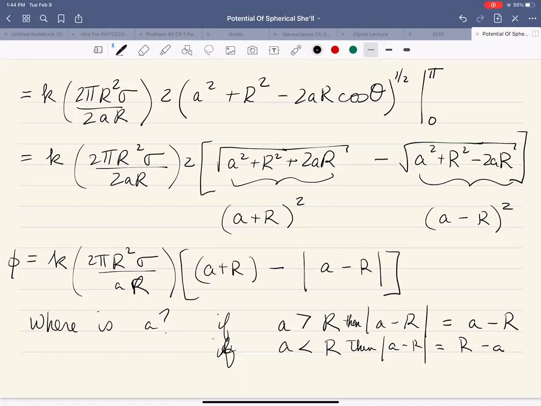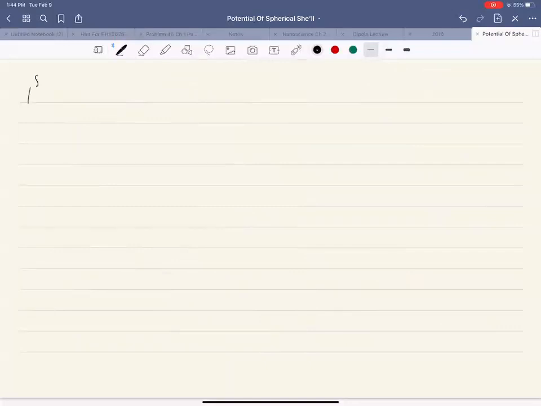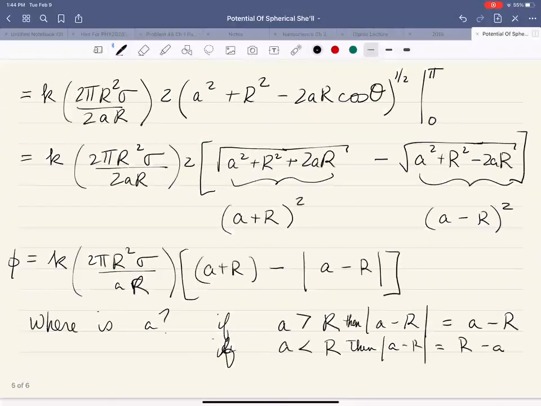So that's what we've got there. Okay, so let's concentrate first on the a greater than R case. So here, first, we have a greater than R. Okay? So if a is greater than R, let's now go ahead and start simplifying here. Okay? So here we have k times 2 pi big R squared sigma over aR.